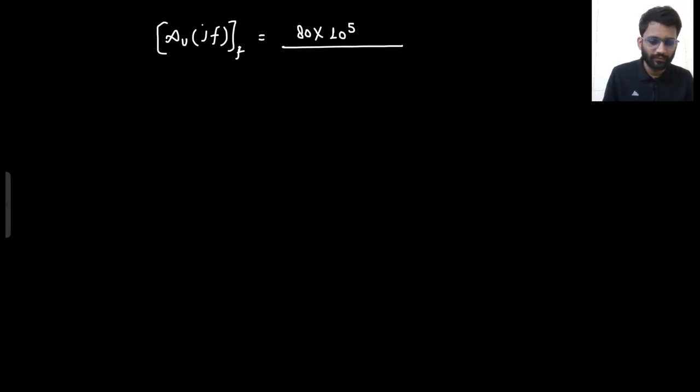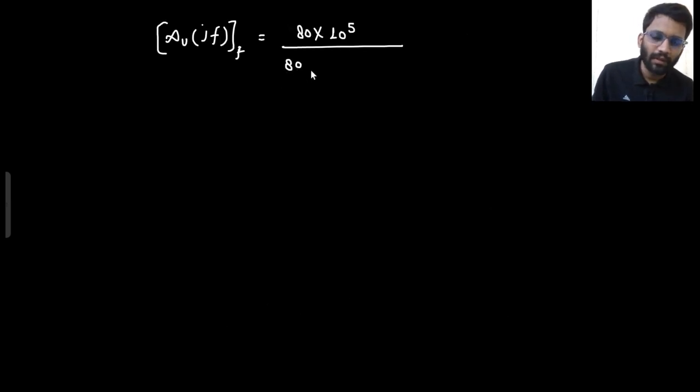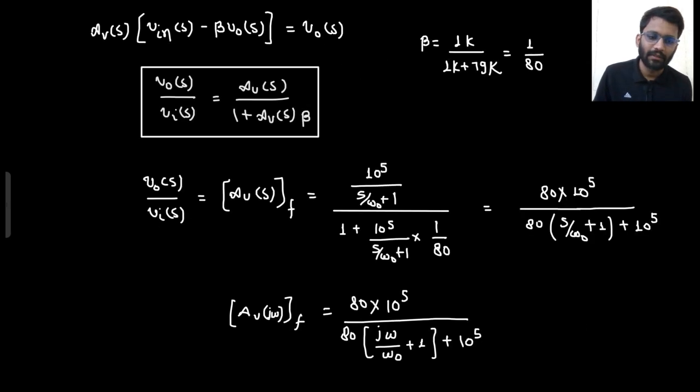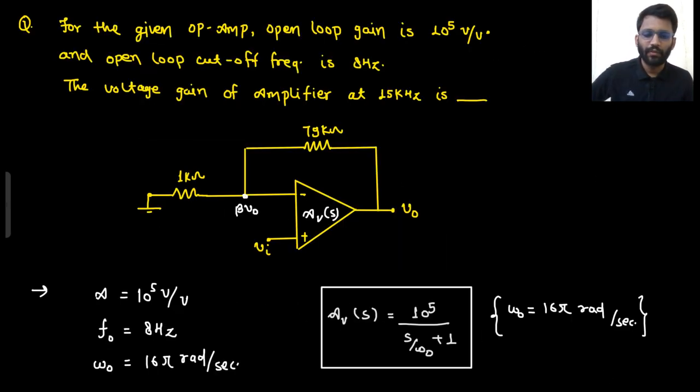So A_V of j f with the feedback is 80 into 10 to the power 5 divided by 80 into j f by f naught plus 1 plus 10 to the power 5, right? I need to put f value equal to 15 kilohertz.